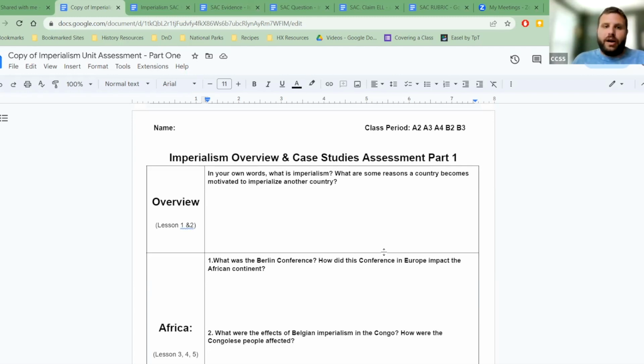Sometimes I've had them do this in class, just with their partner, as part of that prep work. So I change it depending on what I think is right for the pacing and where the students are at. But basically, this is a content check on what we went through with our lesson, right?